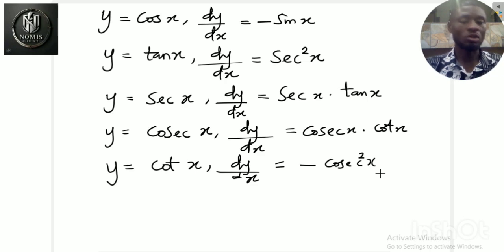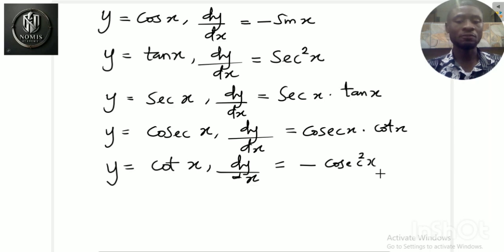So the third identity here is that when you differentiate tan x, you will have sec squared x. Now, if you differentiate sec x, just sec x, you will get sec x multiplied by tan x. You must have this in the back of your mind, or at the front where you will not forget.